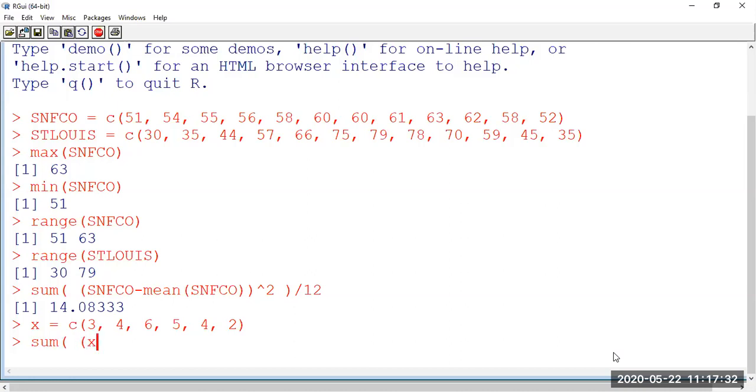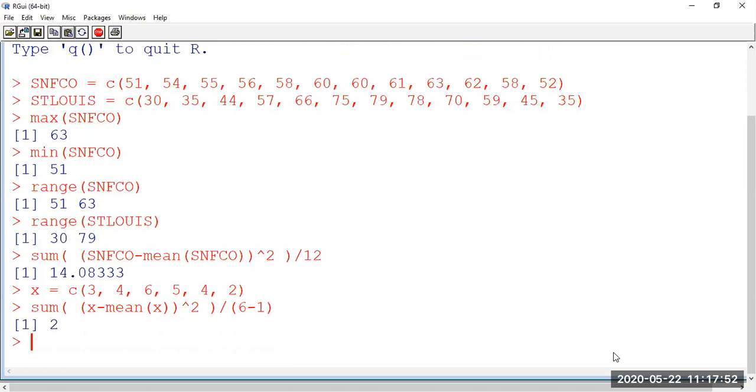Again, we get the difference between every value and the mean of the sample, and we square that, complete the sum, and divide that by n minus 1. N is 6 values minus 1. So if we do that, we're going to find that the standard deviation is just 2.